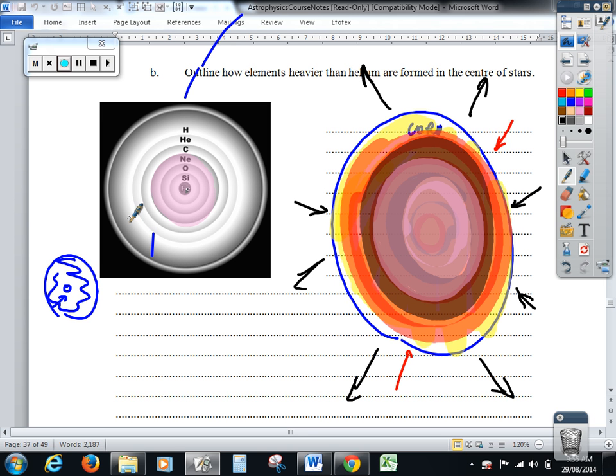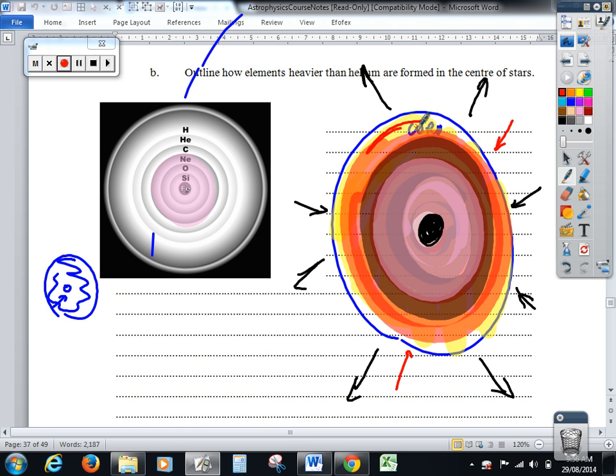Then suddenly, the last thing that can happen is that iron gets formed in the centre. Two silicon atoms fuse together and form iron. Iron grows and grows until it gets to be quite a large part of the core.